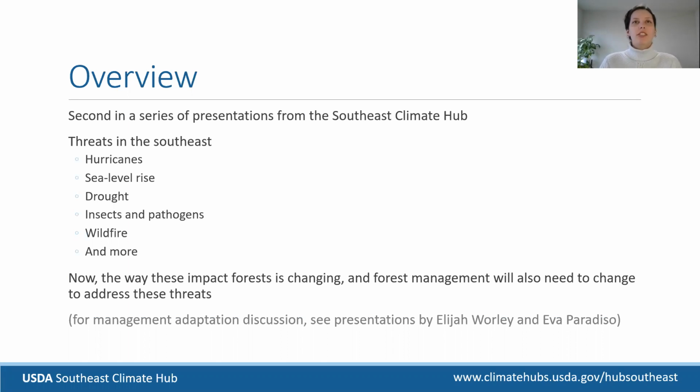Climate change is also changing how these different threats are impacting forests, and forest management will also need to change to include different adaptation strategies for addressing these threats. Management will be discussed in later presentations from the Southeast Climate Hub by Elijah Worley and Eva Paradiso. In this presentation, I will provide a background of these threats and how they are and will impact southeastern forests.